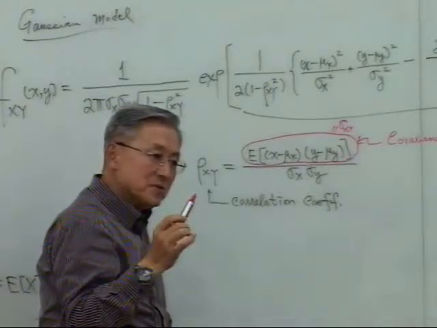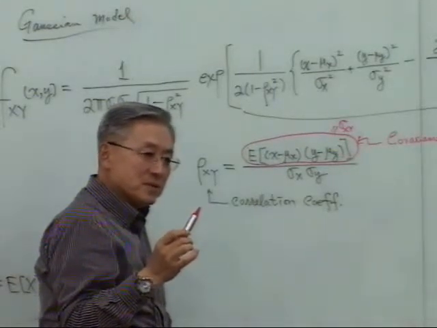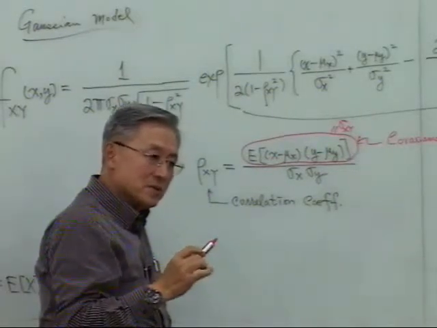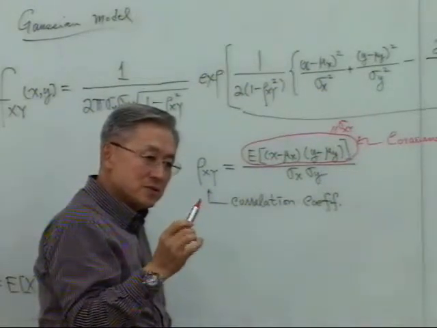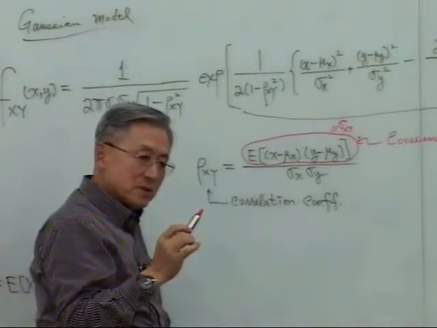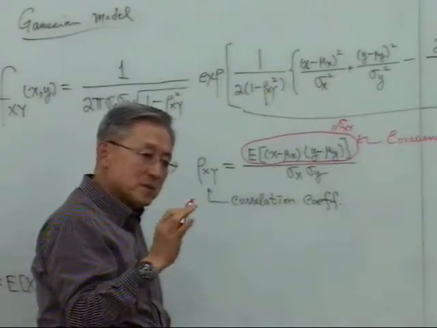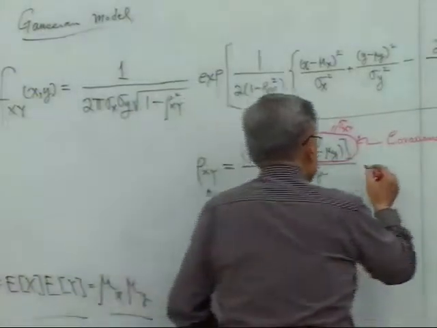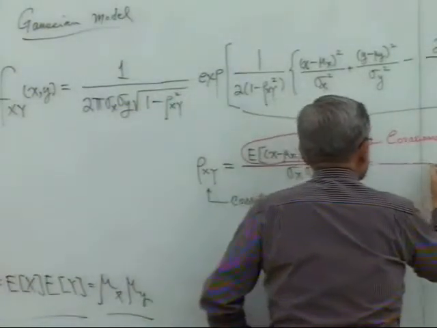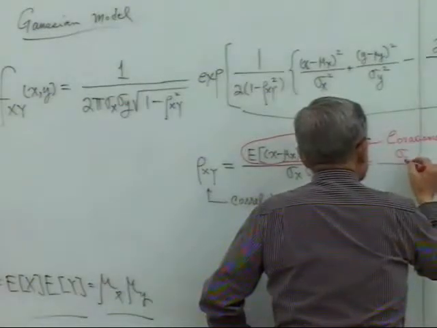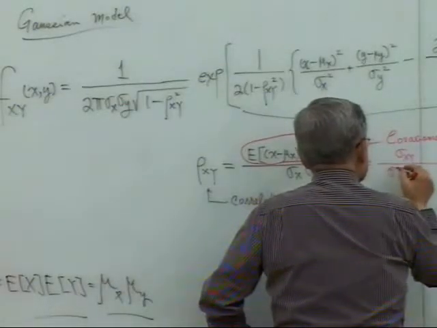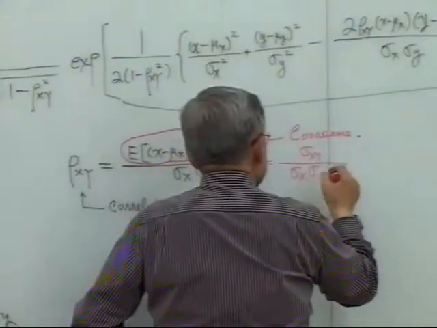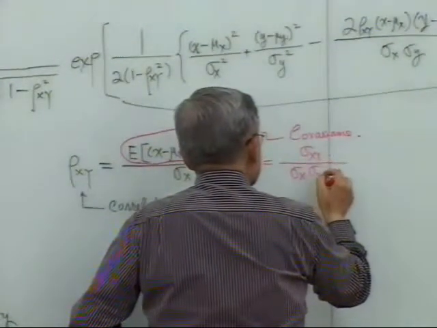If it's two random variables, in front of the variance you have to add "co", because two random variables are involved. So this is sigma xy over sigma x sigma y.